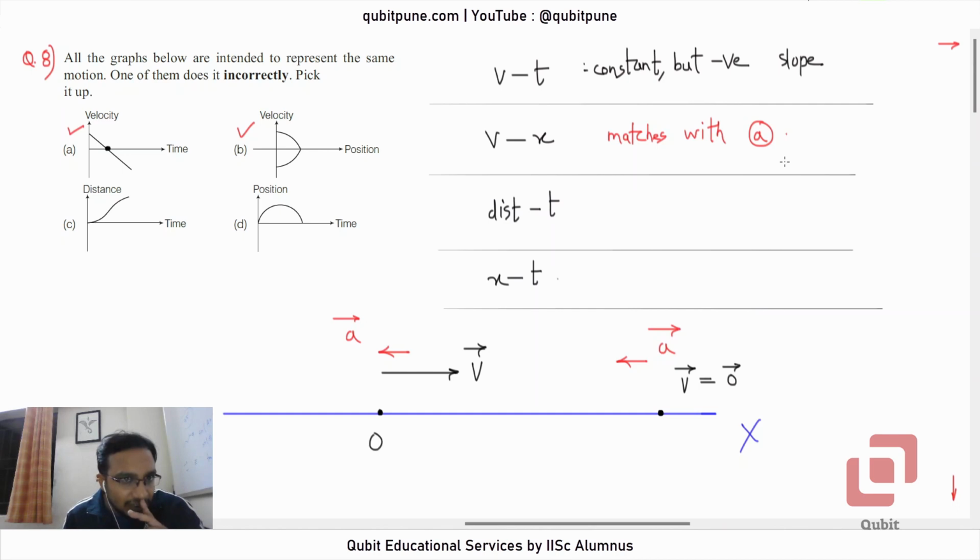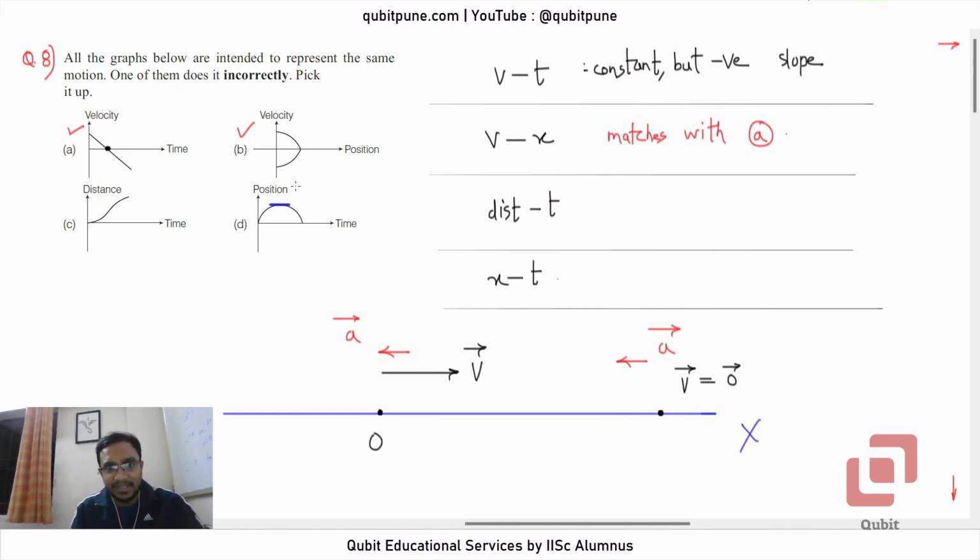Now let's go to C and D. Position against time. So position is first increasing and then decreasing. Do you agree? And velocity is 0, and this thing has a horizontal tangent here at the midpoint, right?